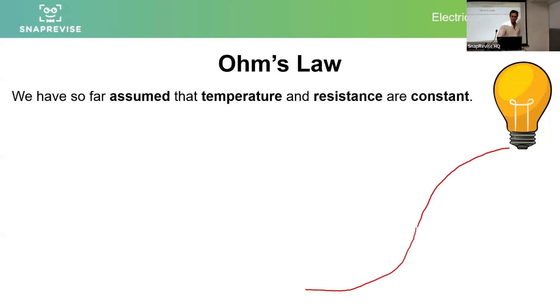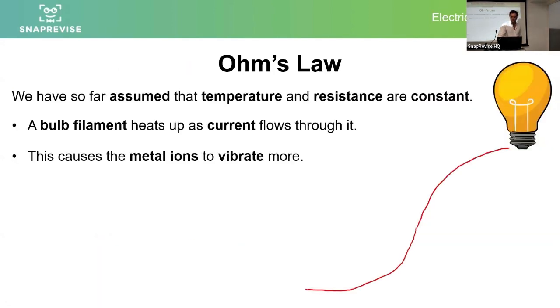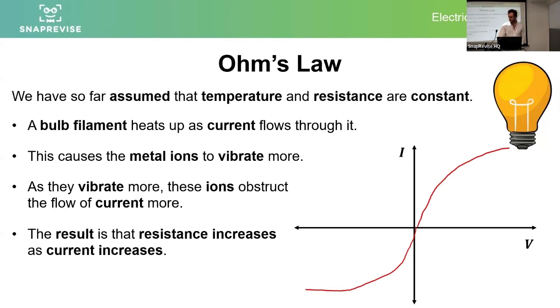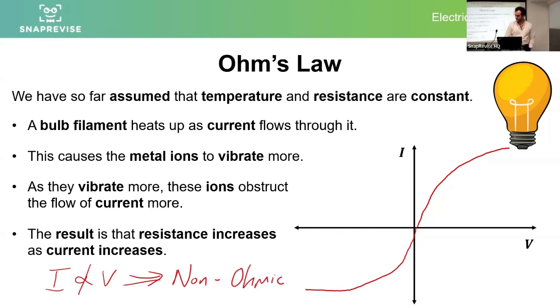Previous slide, we had a nice straight line, but the truth of the matter is that if you go high enough, it won't be linear anymore. Instead, it will be this horrible curve, for which we do not have, or at least at A level, we don't give you an equation for that curve. So it's not proportional. I is not proportional to voltage, and therefore it is non-ohmic, is what we call it.